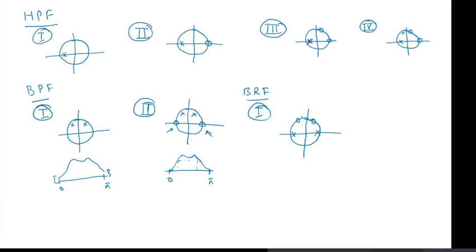So in this region, you will be having a suppression of the gain, and if you look into the frequency response, something like this. So if you consider the FC1 and FC2, okay, this is the band reject filter.